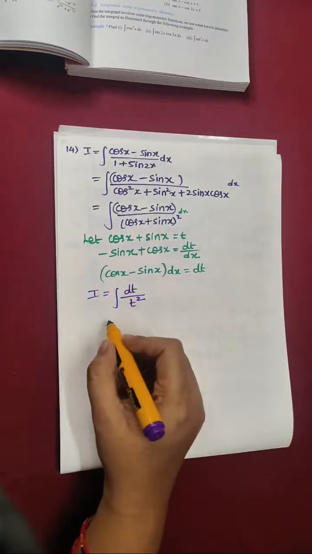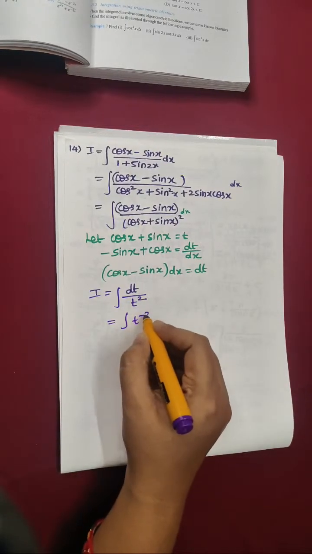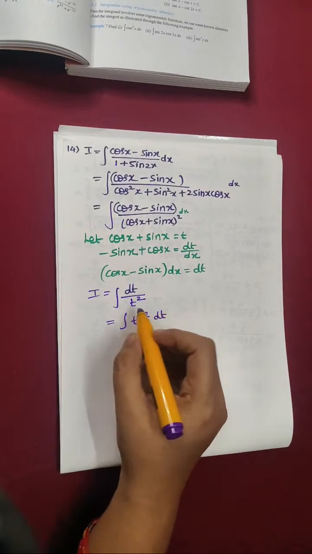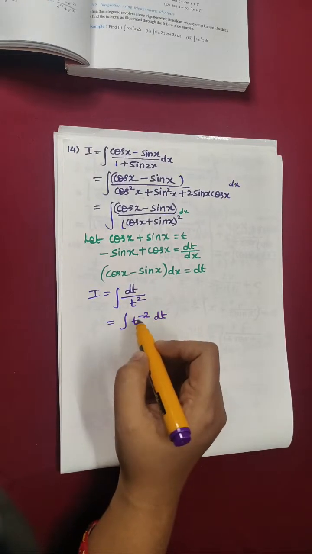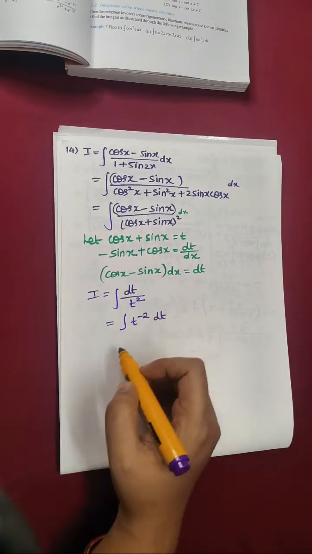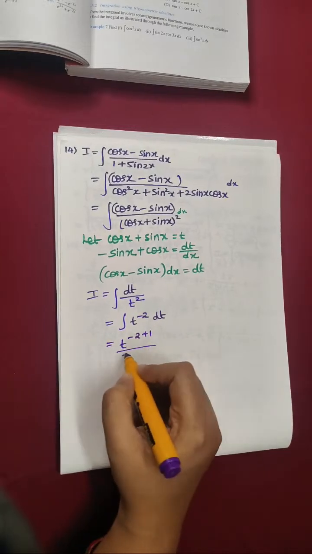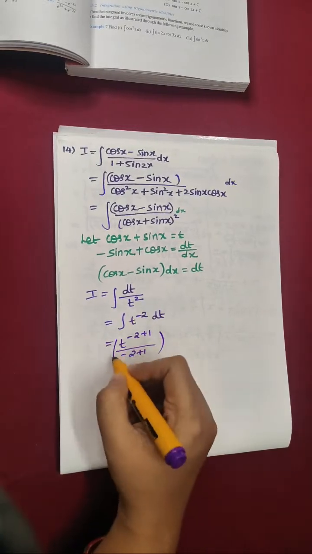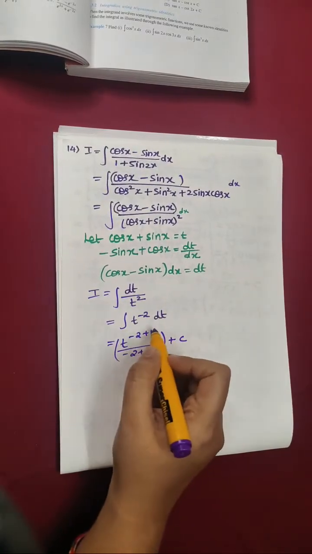So whenever it is in power other than 1, take it to the numerator with the opposite sign. If it is positive, you will be writing it as negative. If it is negative and you are taking it to the numerator, then that will be positive. So by the power rule, you will be adding 1 to the power: t to the power minus 2 plus 1 by minus 2 plus 1, plus c. Replacing t, and here you will get the negative power, isn't it?